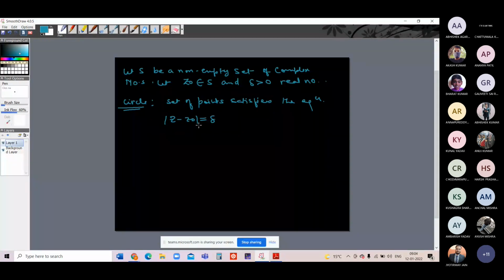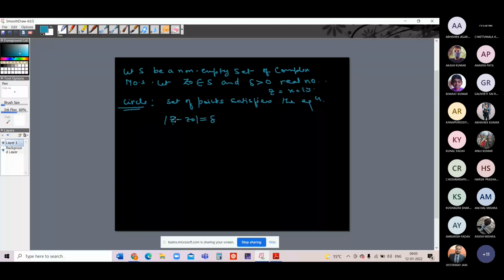You know that z is here a variable point and z naught is a fixed point, and z is denoted by z equal to x plus iy, and you know that the distance between two points is given by mod of z1 minus z2.